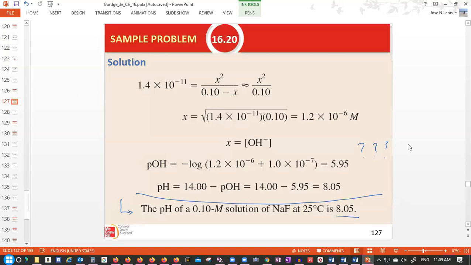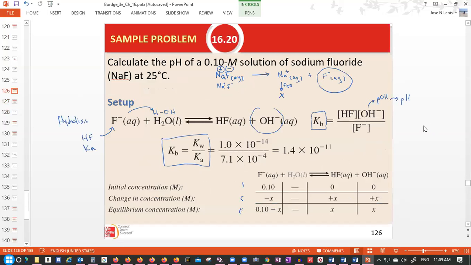You can do this procedure, this analysis, with any salt containing a strong conjugate base. It's exactly the same procedure. The only thing that is going to change is probably the initial concentration and definitely the value of the Kb for that conjugate base.